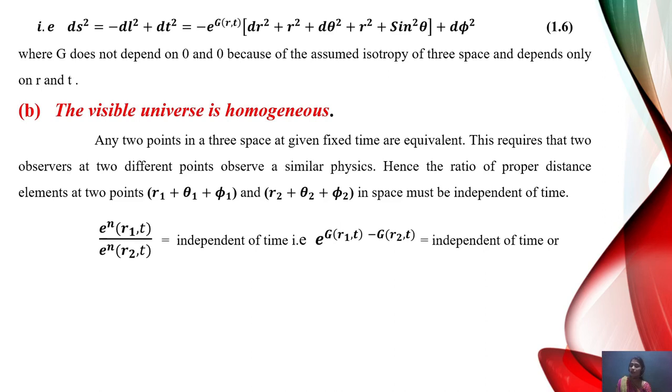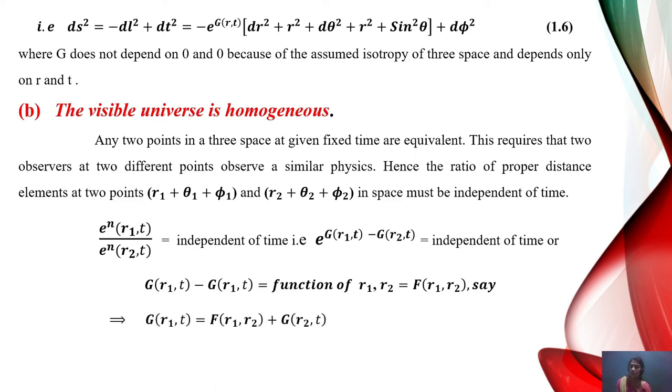It is e to the power g(r1,t) upon e to the power g(r2,t). Independence of time means that g(r1,t) minus g(r2,t) does not depend on time. So g(r1,t) minus g(r2,t) equals a function of r1 and r2, f(r1,r2), that is g(r1,t) equals f(r1,r2) plus g(r2,t).